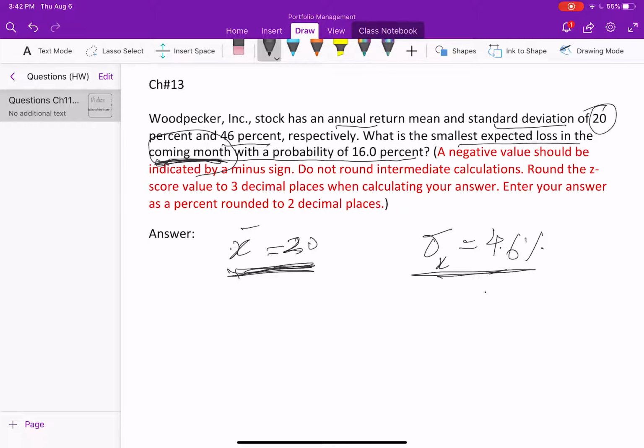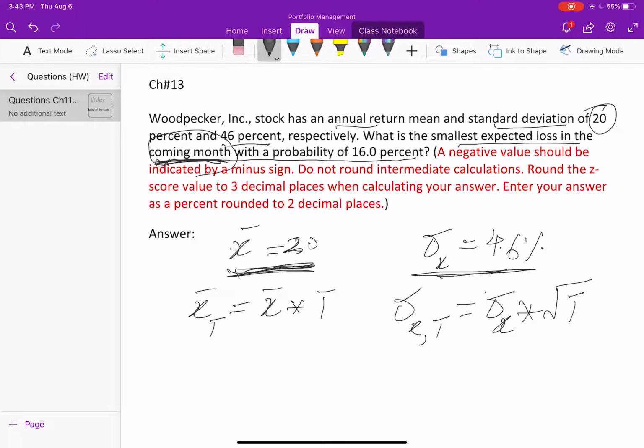To do that, we have a generic formula. The mean return over a time period t is the annual return mean multiplied by the time period, and the standard deviation over the time period is the annual standard deviation multiplied by the square root of t.